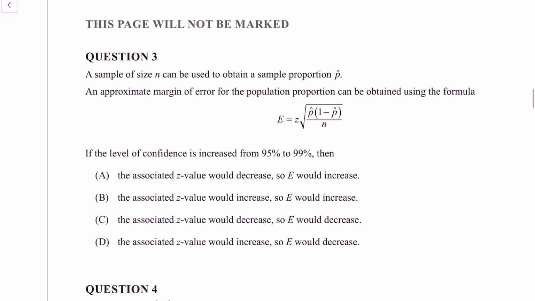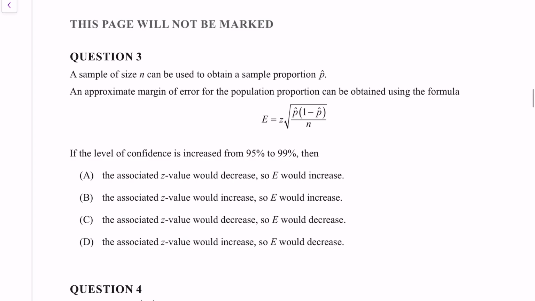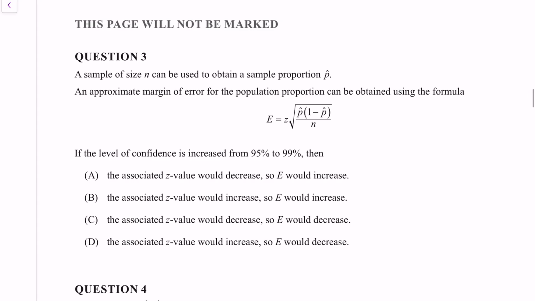Moving on, a sample of size n can be used to obtain a sample proportion p hat. An approximate margin of error for the population proportion can be obtained using the formula as given. If the level of confidence is increased from 95% to 99%, then, in terms of level of confidence, that really relates to our z value.